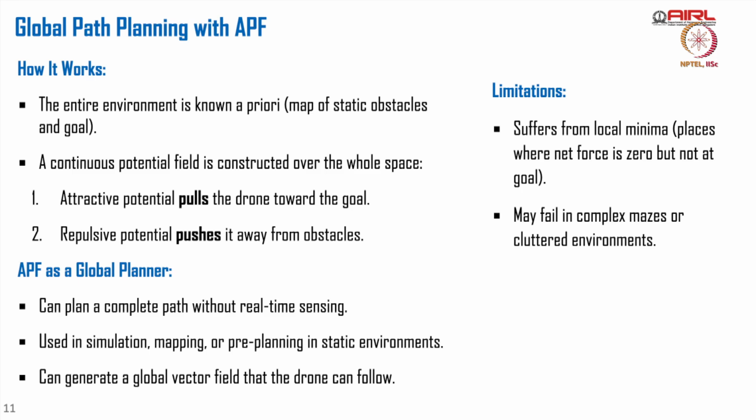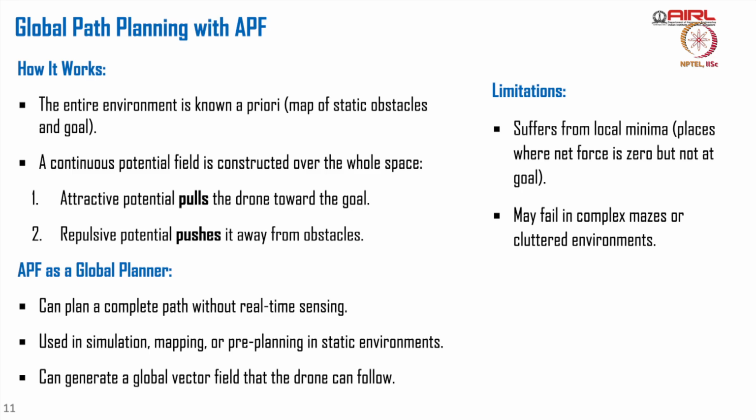Now, this is what I meant, it's procedural planning, right? You take care of the terrain. You know the map, you know the terrain. Once you know the goal position and the initial position, you can plan the path such that the drone takes care of the terrain and the static obstacles which are present. I can use it for that global path planning.